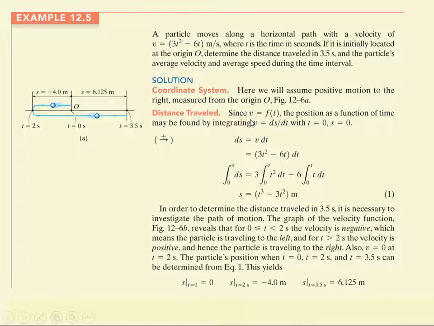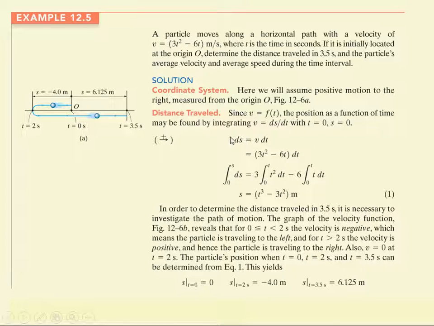If you travel here, the velocity is a function of time which is given. The position as a function of time might be found by integrating the velocity, which would be v = ds/dt, with s equal to 0 when t is equal to 0.